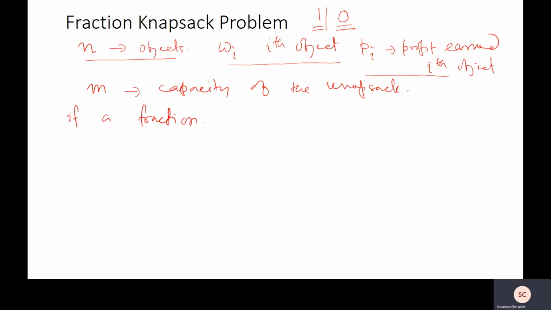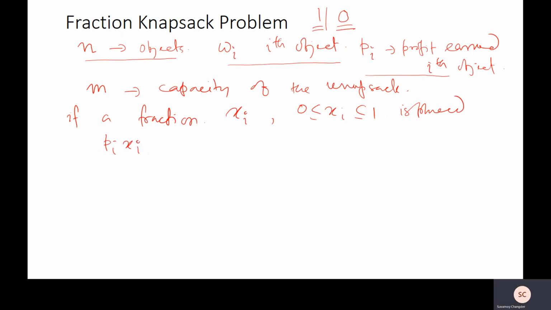But in the fraction knapsack problem, we are allowed to select a part of any object. So if a fraction xi, where xi belongs to the range 0 to 1, is placed into the knapsack, then we earn a profit Pi xi.